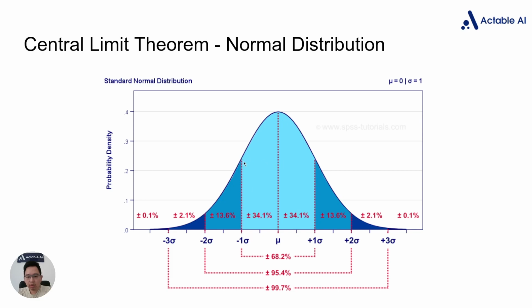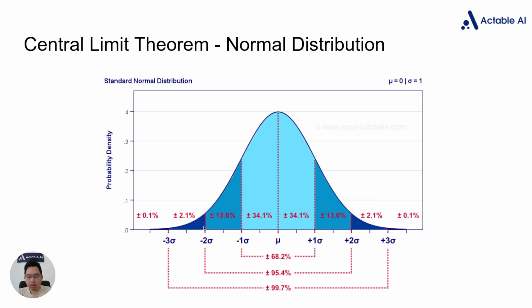The standard deviation is basically half of the width at this point. So the distance here is one standard deviation. Let me remind you that the standard deviation is the square root of the variance.